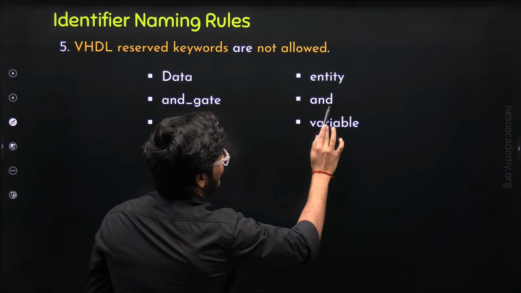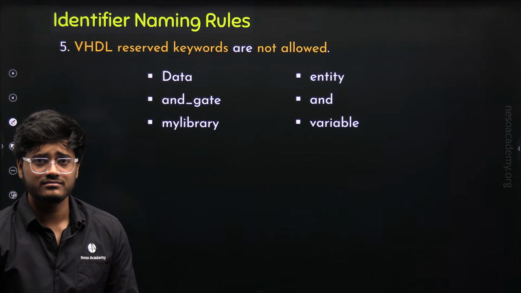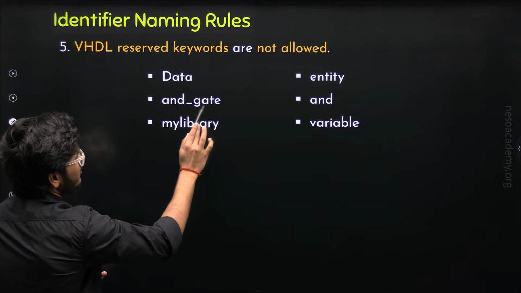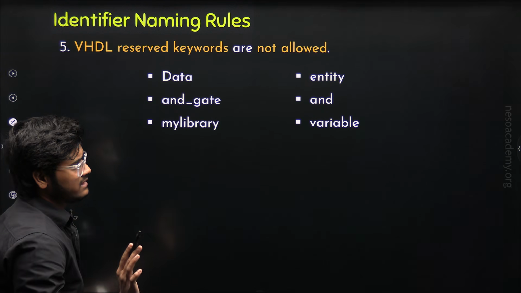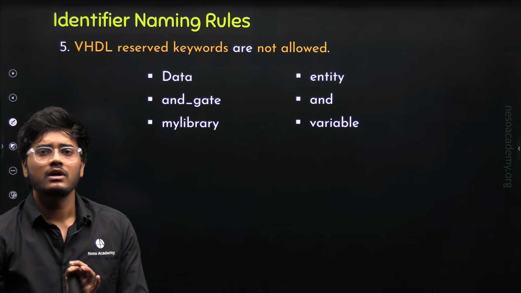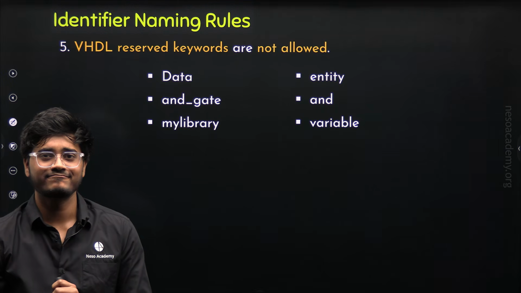This name, and, is a logic operator and also a reserved keyword. And instead of and, we can use and underscore gate. The last name, variable. Variable is also a reserved keyword which is used to declare a variable.